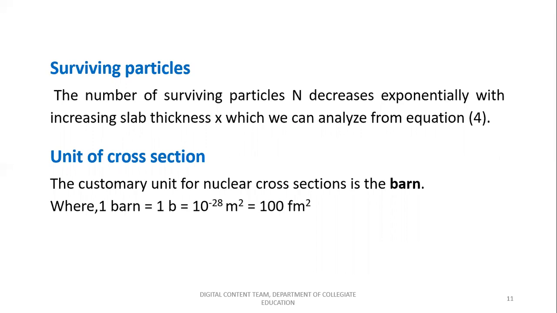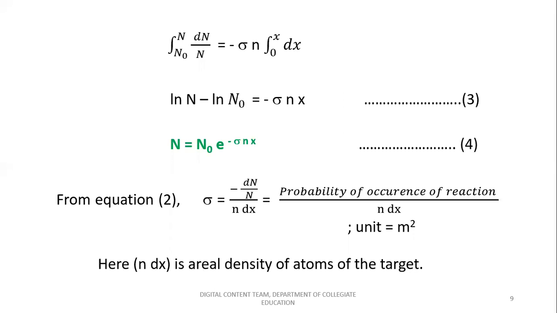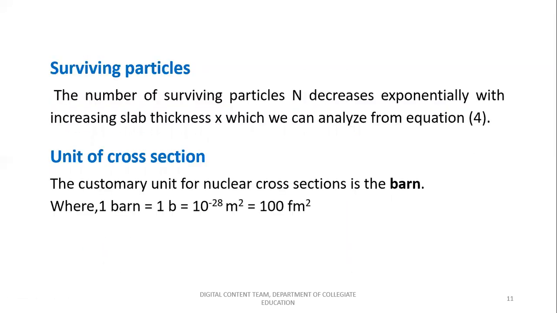So if I consider the previous expression 4 here, that is n is equal to n naught e to the power of minus sigma n x, if the thickness x of the slab increases, since it is an exponential term with negative sign, it indicates n is going to decrease with increase of thickness x. So the number of surviving particles will decrease exponentially if the thickness of the slab increases. That is what we consider under surviving particles.